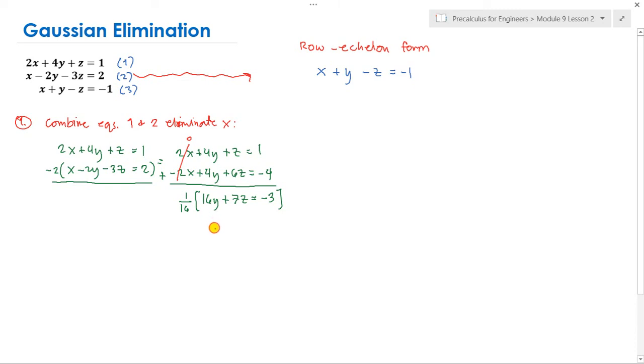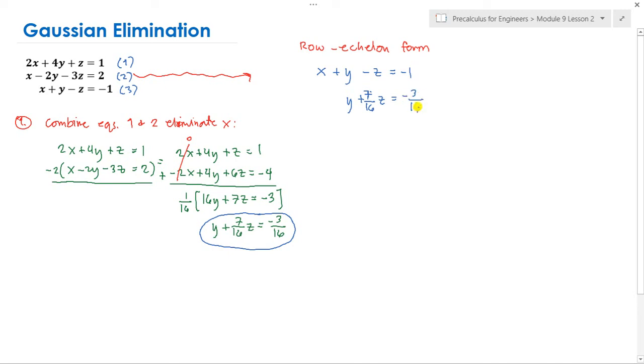So mahimo na siyang y plus 7 over 16 z is equal to negative 3 over 16. So you can already use this one. Even if nag-contain siya of fraction, still you can already use this in our row echelon form.